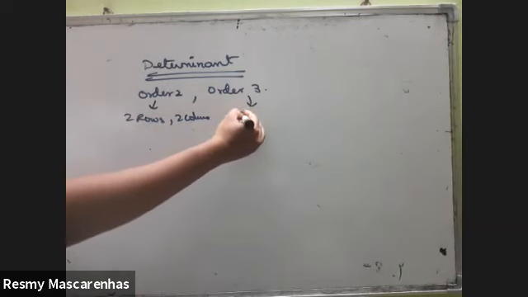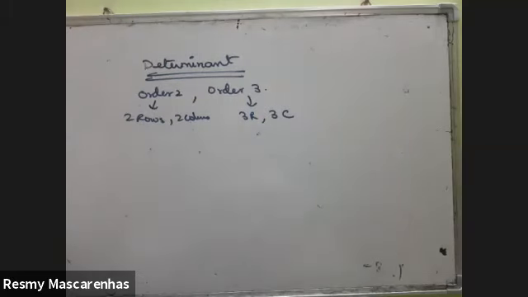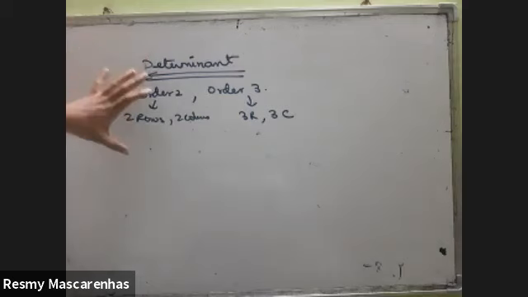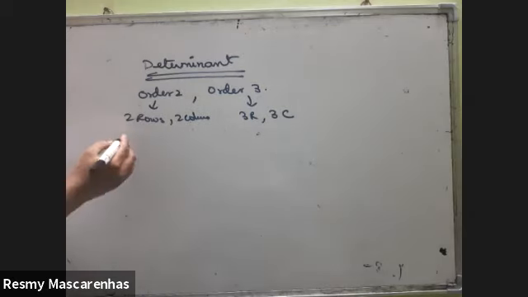And order 3 means 3 rows and 3 columns. This is a math part, but needed in physics. So that's why I'm just covering the concept.